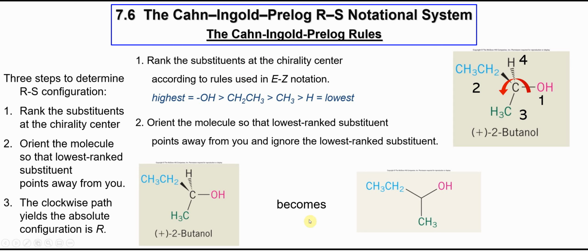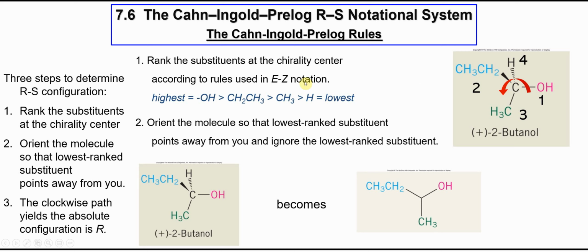You rewrite it into a 2D structure and count the substituents: highest priority, second highest, third. So you rotate it. If it is clockwise, you call it R configuration. If you have counterclockwise, you have S configuration.